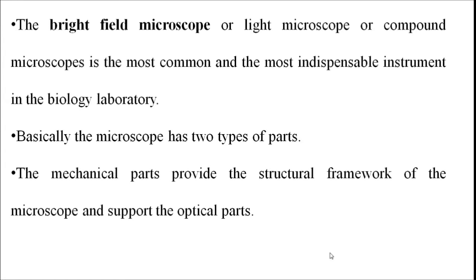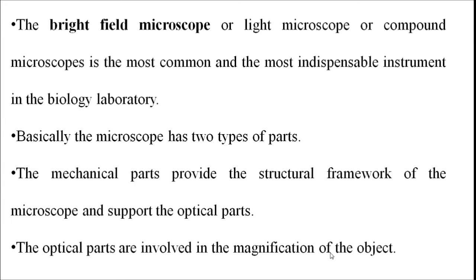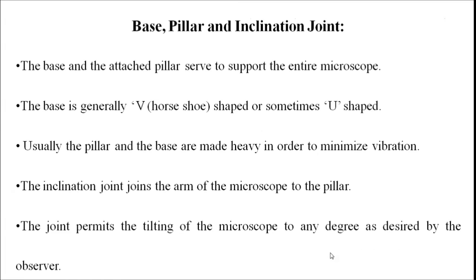The first are known as the mechanical parts. Mechanical parts are those which provide the structural framework to the microscope, and they support the optical parts, while the optical parts are mainly involved in the magnification of the object.